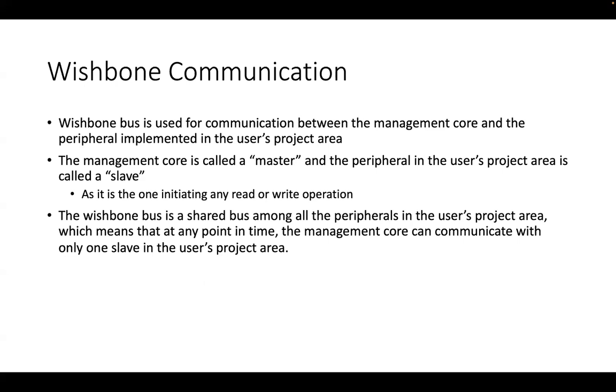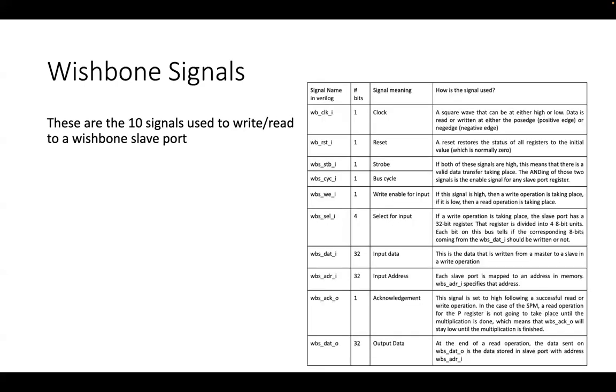So how can this communication be done? How can the wishbone start communicating with the peripherals or slave ports? There are 10 signals used to read and write to a wishbone slave. These 10 signals start with the two trivial signals, the clock and reset.